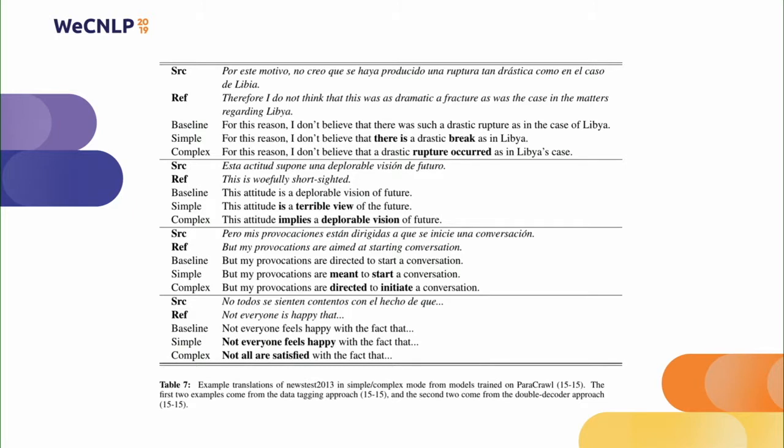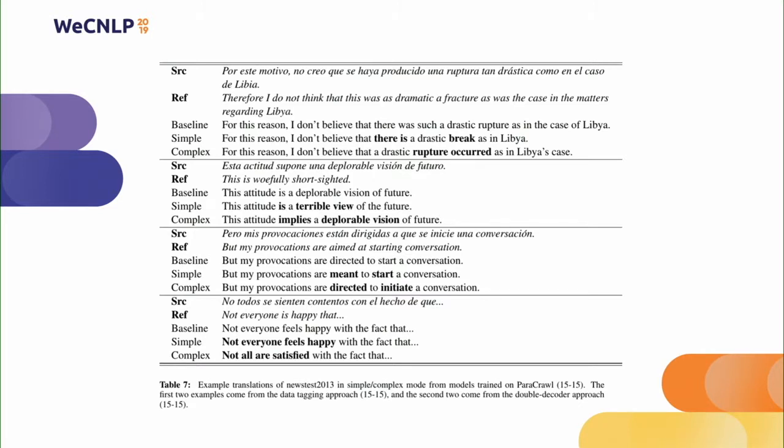In my opinion, implies is a more complex word than the word is, and deplorable is arguably more complex than the word terrible. So in my opinion, this is a success. Again, these sentences mean basically exactly the same thing, but we've chosen language that's more appropriate for our audience. And you can imagine how if someone is particularly learning English, they might not know the word implies or deplorable yet, but they might know is and terrible because those are arguably simpler.